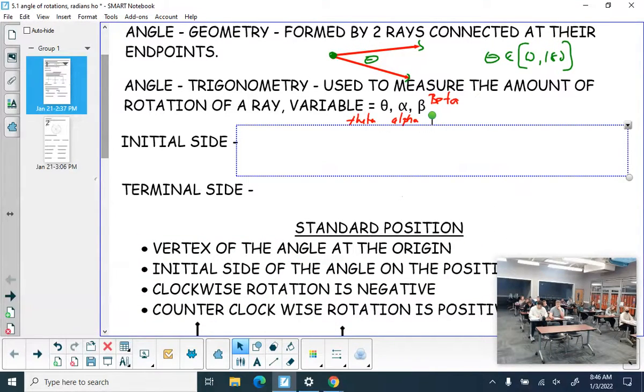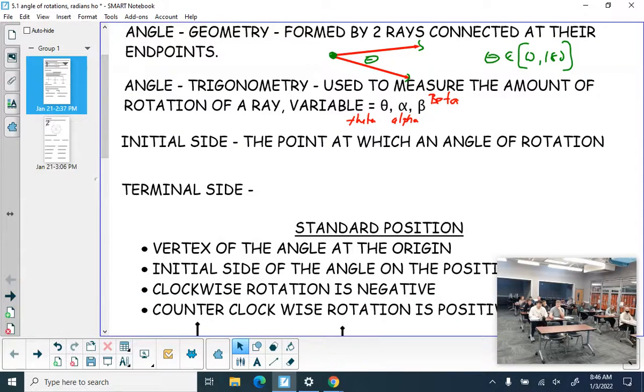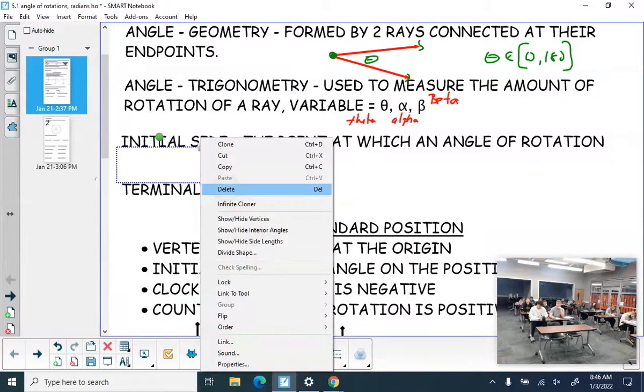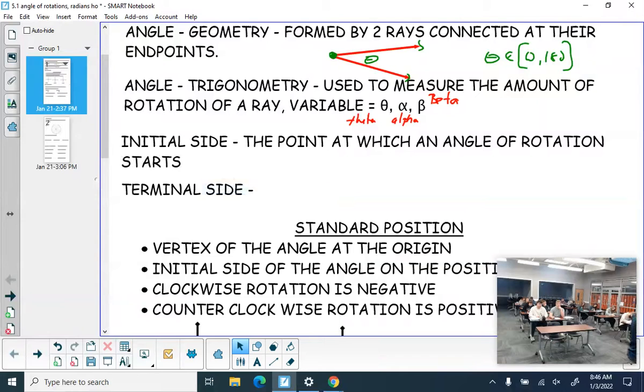We have to have an initial side. We have to have where we start at. Where we start at, we have an initial side. It is the point at which the angle of rotation starts.